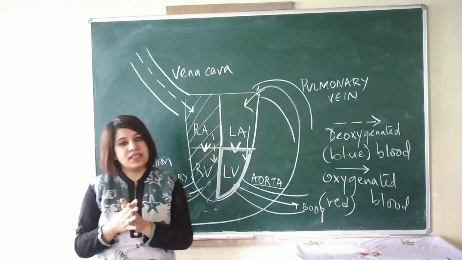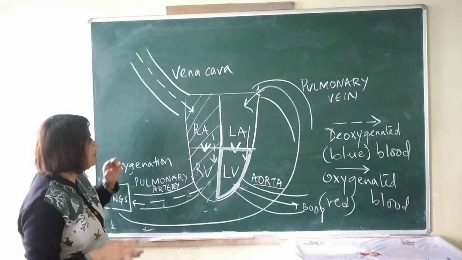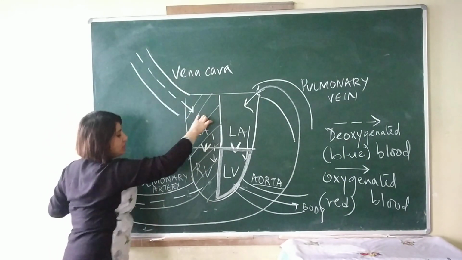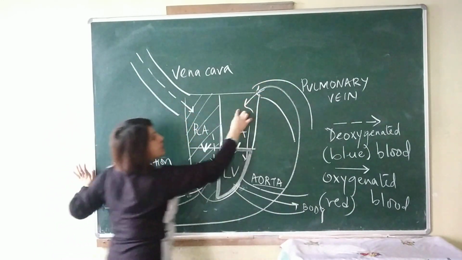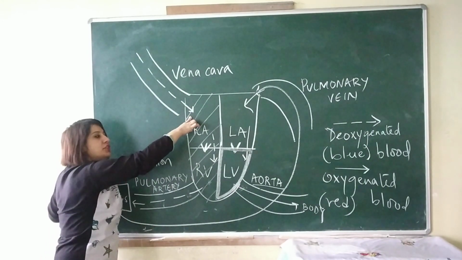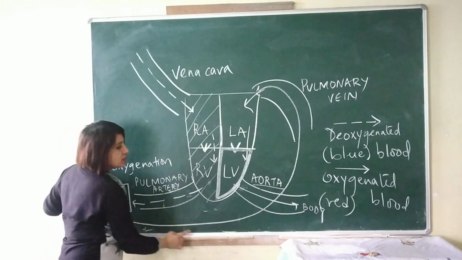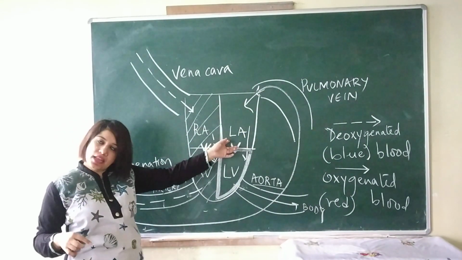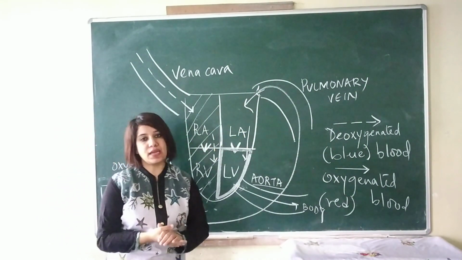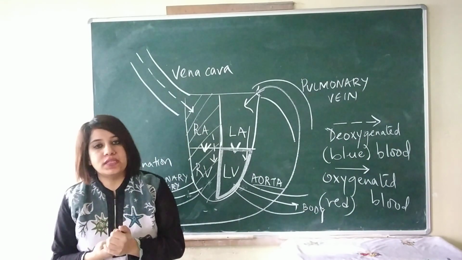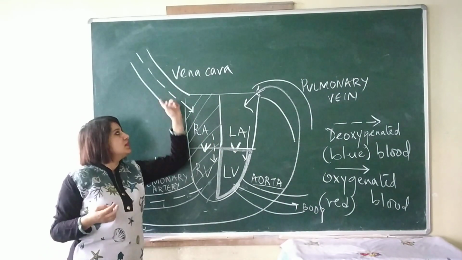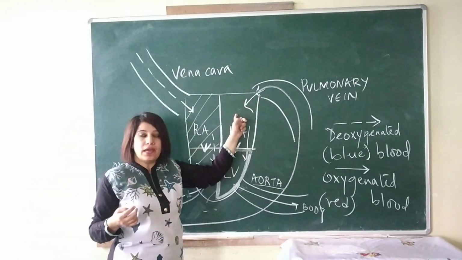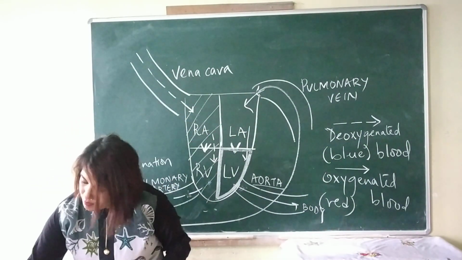Did everyone understand this? Now, if you see, blood enters the heart twice. From the vena cava, deoxygenated blood enters the heart once, and from the lungs, oxygenated blood enters the left auricle the second time. So blood in our body enters the heart twice, once as deoxygenated blood and once as oxygenated blood.